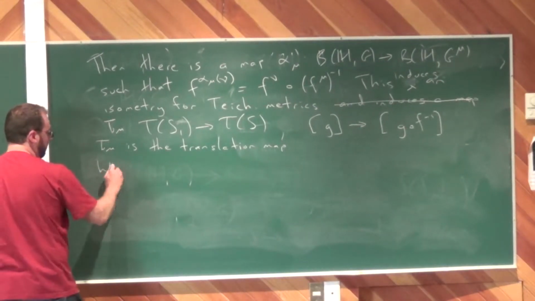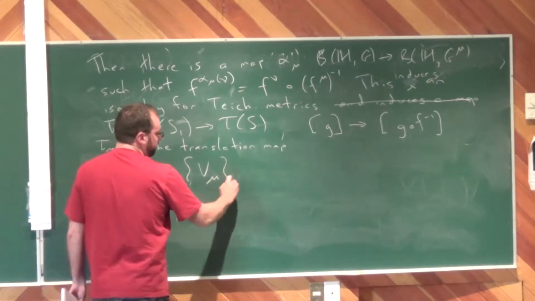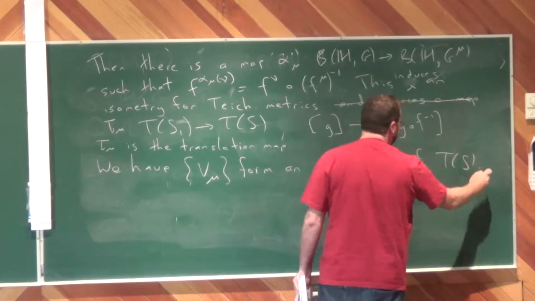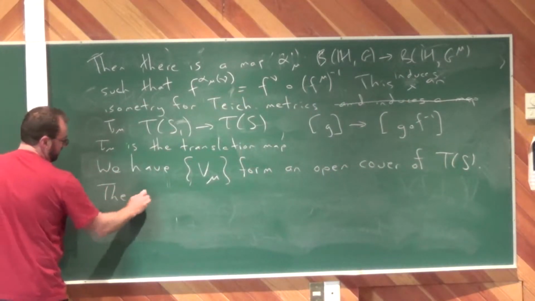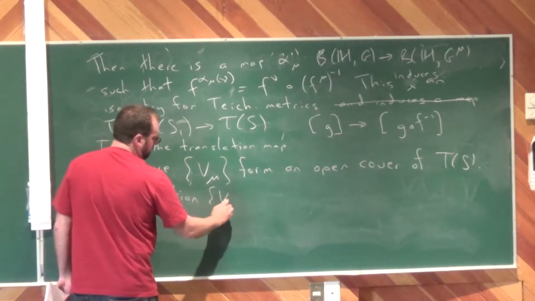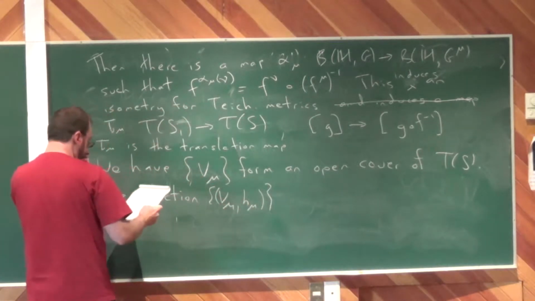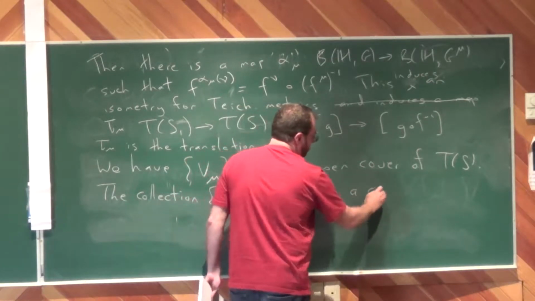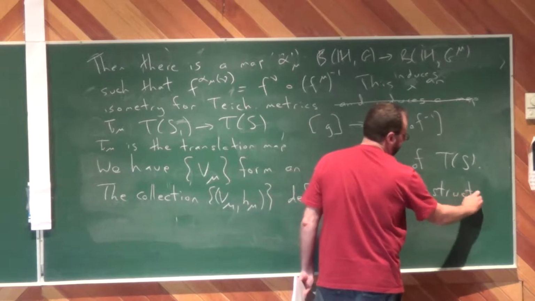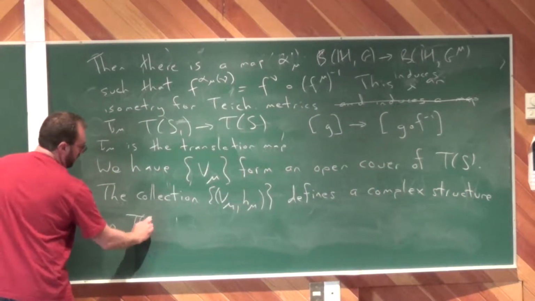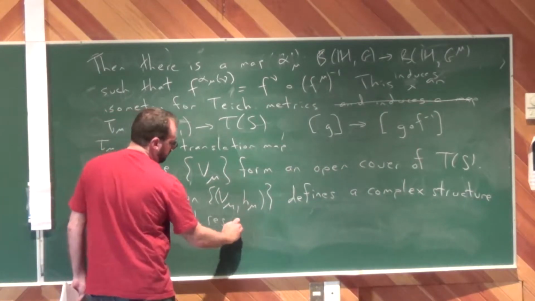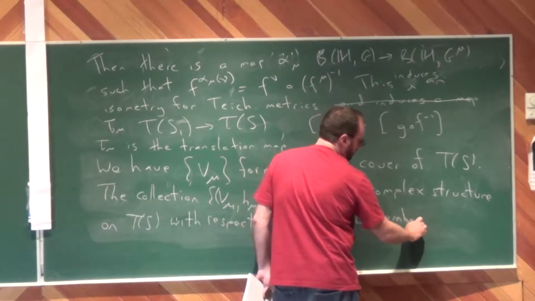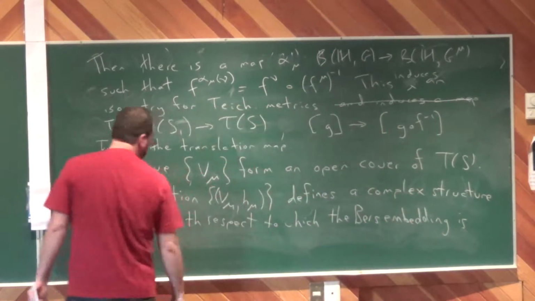So what have we got? Well, we have that the collection of V mu's form an open cover of our Teichmüller space T S, and it turns out that the collection of pairs V nu, comma H nu defines a complex structure on Teichmüller space T of S, with respect to which the Bers embedding is holomorphic and in fact biholomorphic.